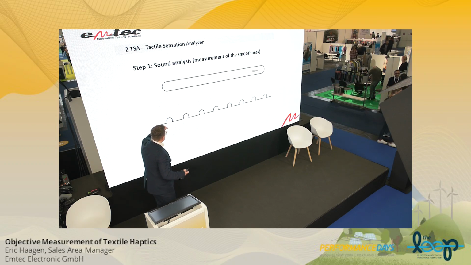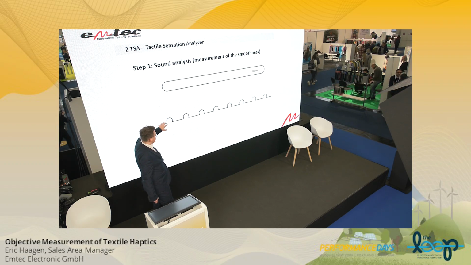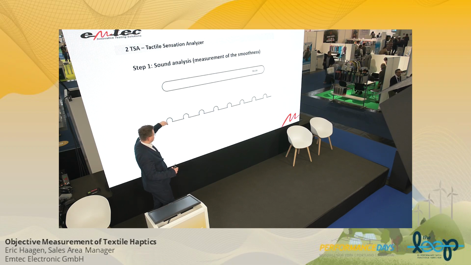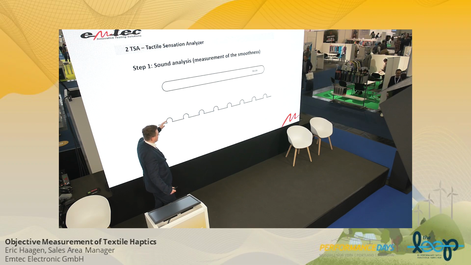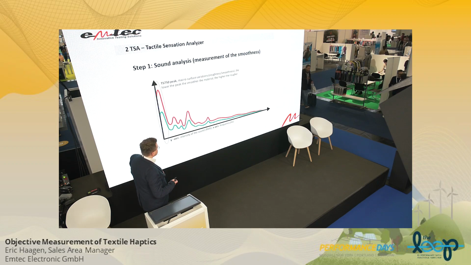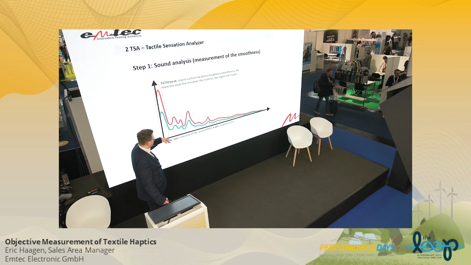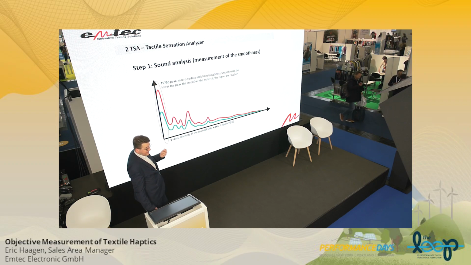So basically, this represents the sample surface, and these little bumps here are the structure of the surface, and the rougher the surface is, the more the sample itself would vibrate. And what do we receive then? This is our software graphic. We analyze the sound of this.